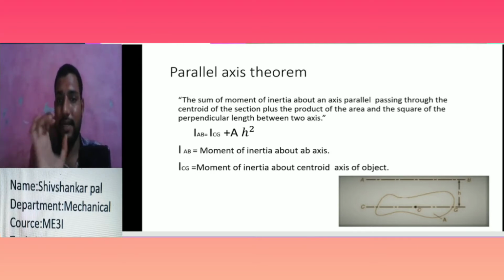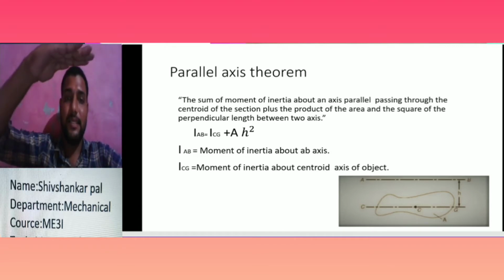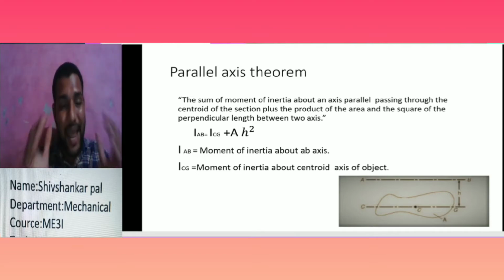Understand what the use of the parallel axis theorem is. It is used to transfer the moment of inertia of any object from one axis to another parallel axis. That is the use of the parallel axis theorem.